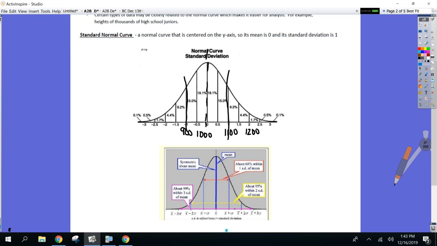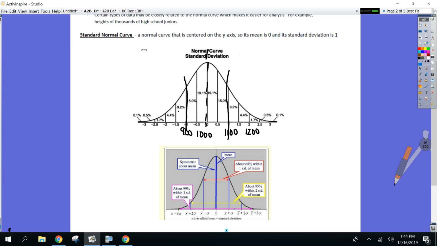So that's what they do, and that's what we're going to do today. I'm going to give you the mean, I'm going to get to the standard deviation, and what I want from you is what percent of kids scored between here. If I want to know what percent of kids scored 900 or below, it's 0.1 plus 0.5 plus 1.7 plus 4.4 plus 9.2.